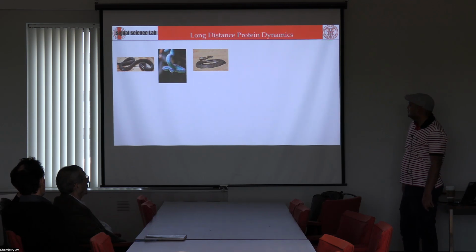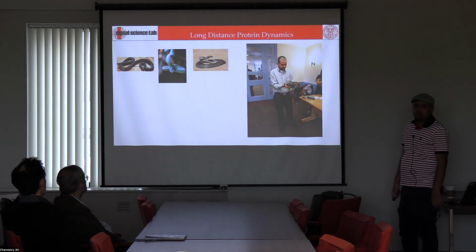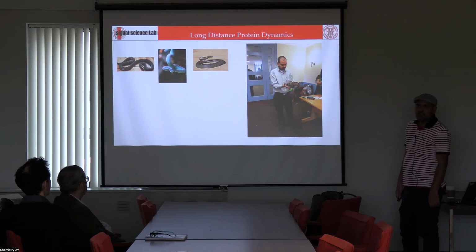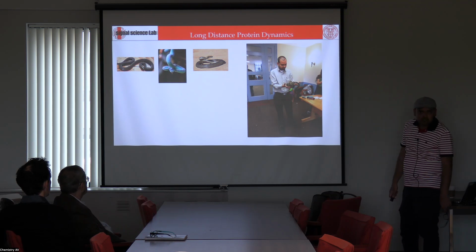Now coming to protein dynamics. Proteins are like snakes. They come in all shapes and sizes. And till now, people think that protein is a static feature. Well, then I actually observed them. I held a snake once, and what I found is actually no. You assume snakes to have all potential orientations, theoretically speaking.